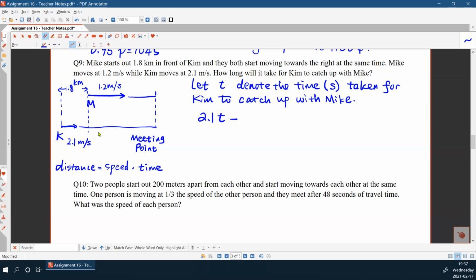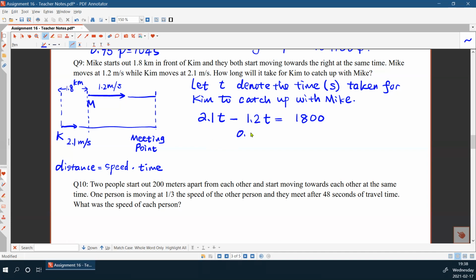So the distance Kim traveled minus the distance Mike traveled, which is 1.2 times T, the difference is their initial difference, right? Which is 1.8 kilometers. Because here we're using meters per second, meters per second times a second is meters, right? So we need to convert 1.8 kilometers to meters. So that means 1800 meters.